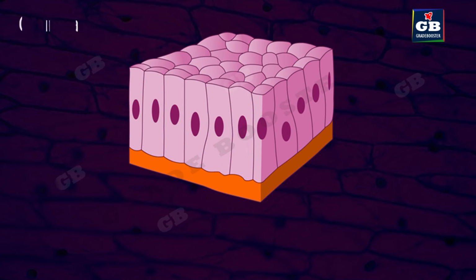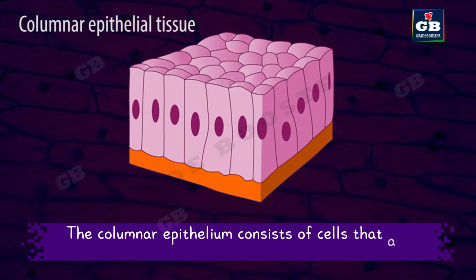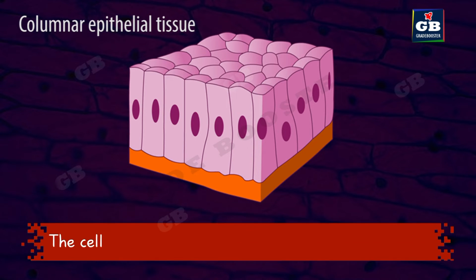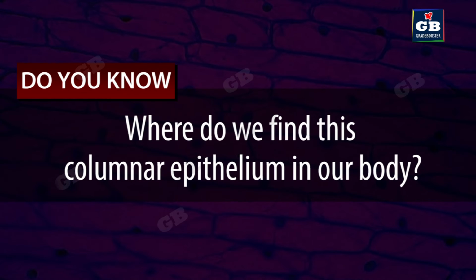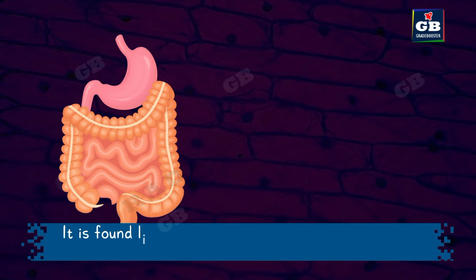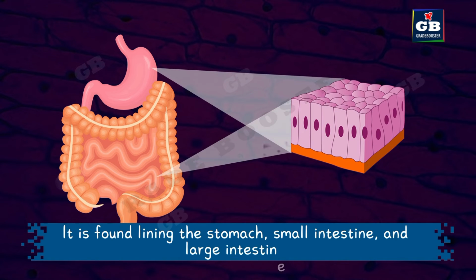Next, columnar epithelial tissue. The columnar epithelium consists of cells that are tall and pillar-like in shape. The cells resemble columns, hence the name columnar. Location of columnar epithelium. It is found lining the stomach, small intestine and large intestine.